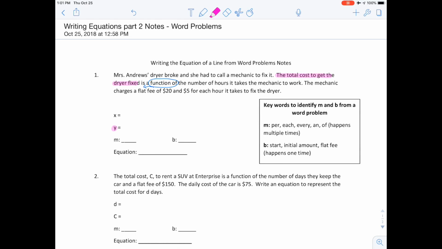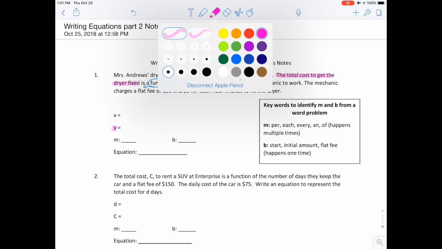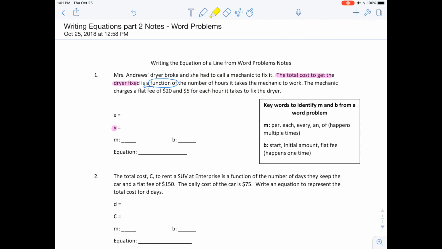Whatever comes after the words function of, this is like the cost is going to depend on this. So this is going to be your x or your independent or your domain. So after function of is the number of hours. So our x is going to be the number of hours. All right, so look for that phrase function of. Whatever comes before it is your y values or your range.